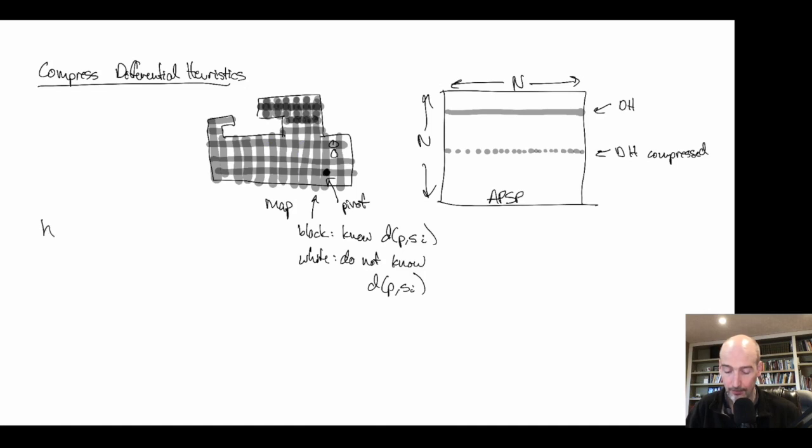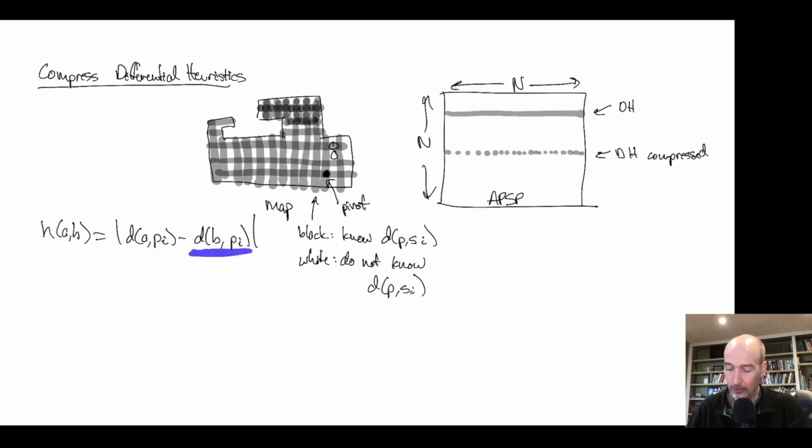H between A and B is simply the absolute value of the distance from A to P of I minus the distance from B to P of I. Since we're assuming an undirected graph, I can write these in any order, so we don't have to worry about that. So let's say that B is the goal and B is fixed, then I'll always know what this value is.